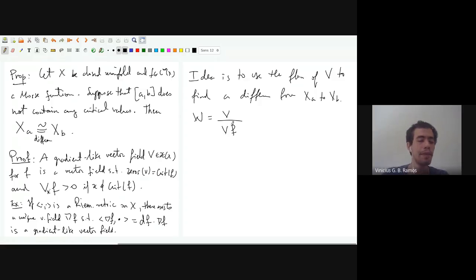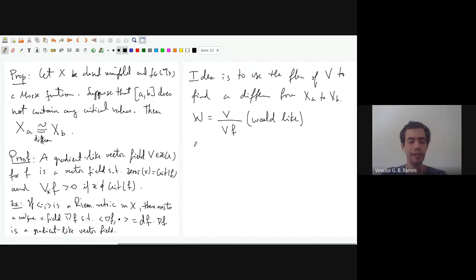But the problem is that it's not defined over the critical points. So you have to be a little bit careful. We would like to do that, but this is not a global vector field. So instead, we choose a bump function.